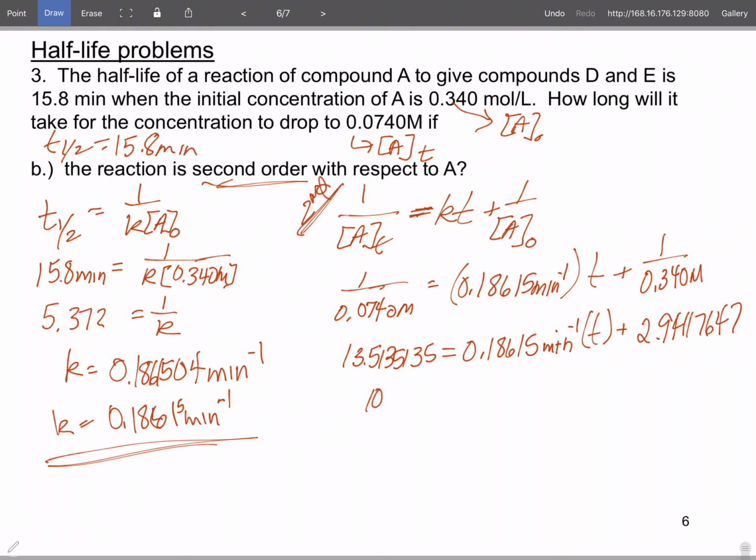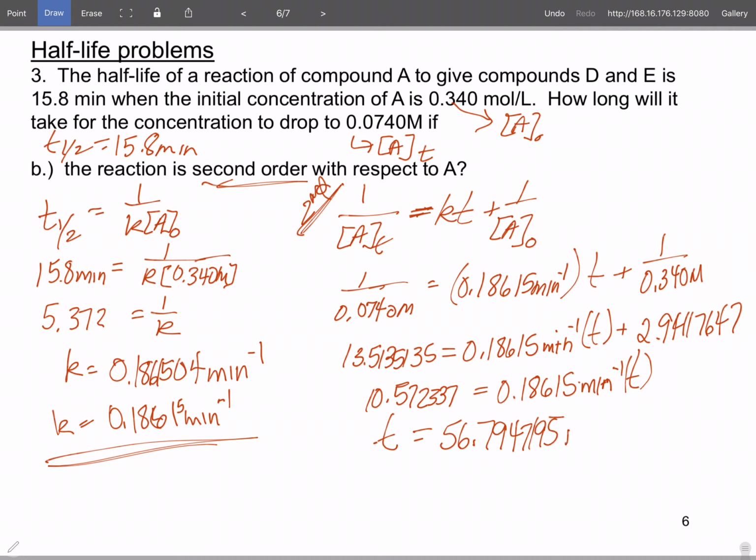So that ends up with 10.572337 is equal to 0.18615 minutes to the minus 1 t. So that means t comes out equal to 56.7947195 minutes, or 56.79 minutes if we're taking 2 places after the decimal.